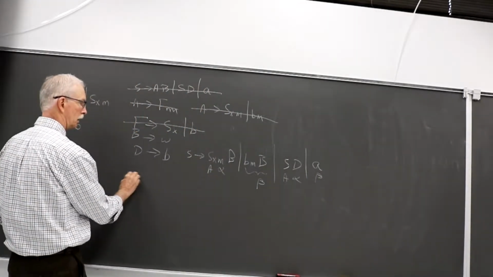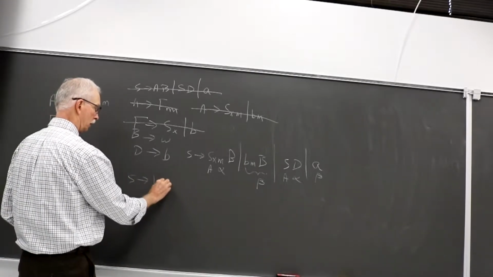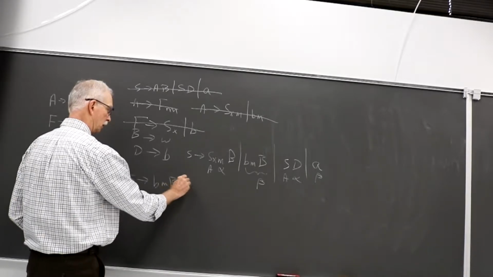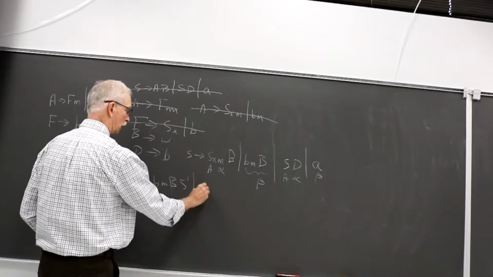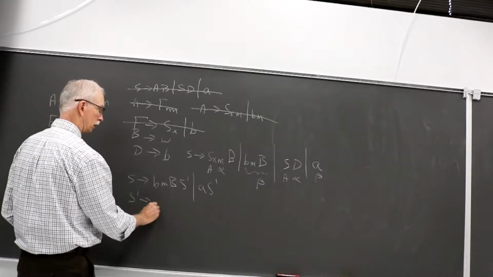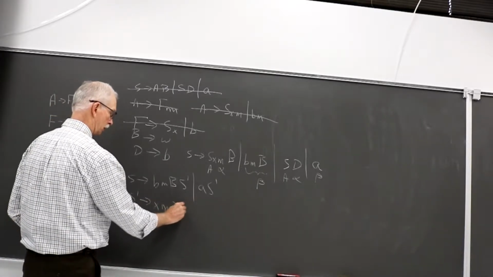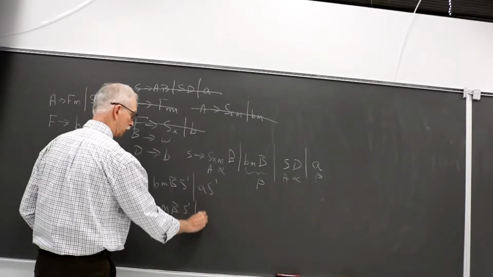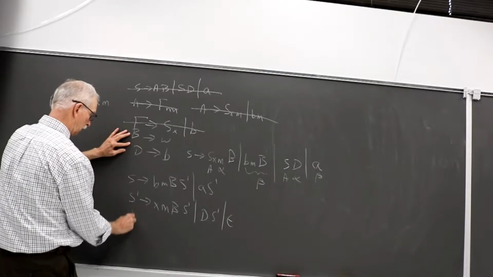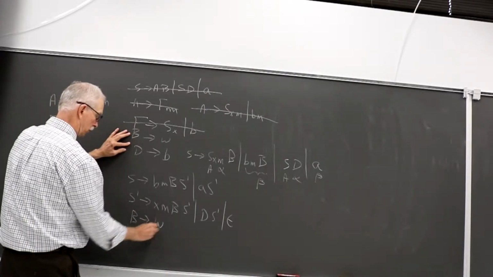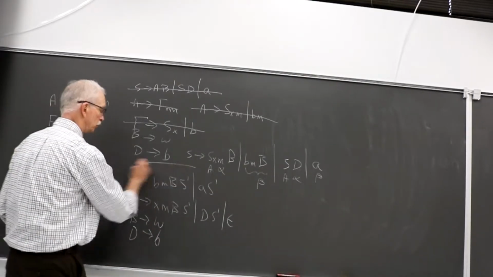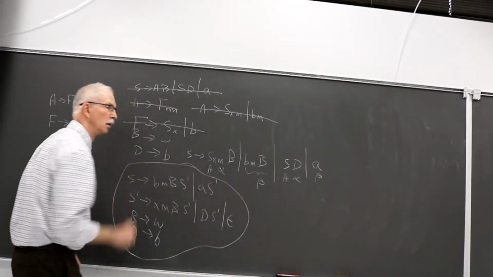So I get S goes to B, M, B, S prime, or A, S prime. S prime goes to X, M, B, S prime, or D, S prime, or empty. And then I still have B goes to W, and D goes to B. And so this is my final answer.